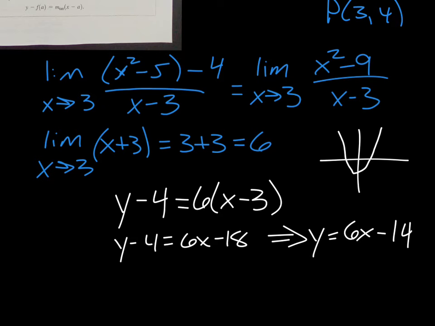And what you can do, and this is part C, is graph the original function that you're looking at, and then graph y equals 6x minus 14, and it should give you something to the effect of a tangent line somewhere over there. Is that okay?